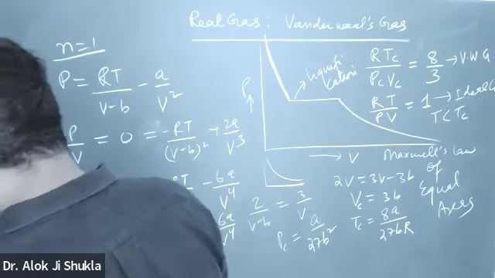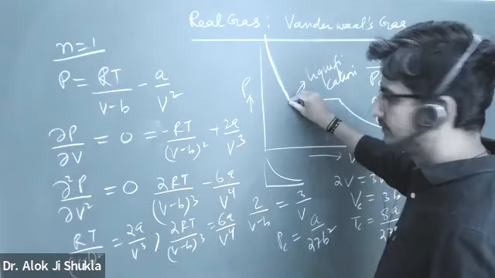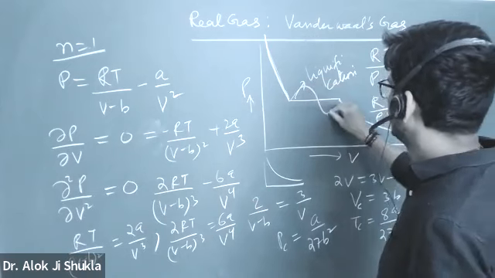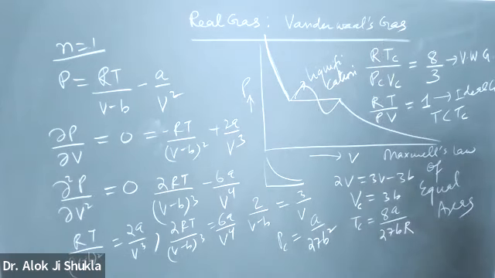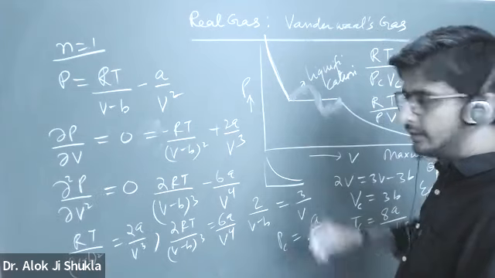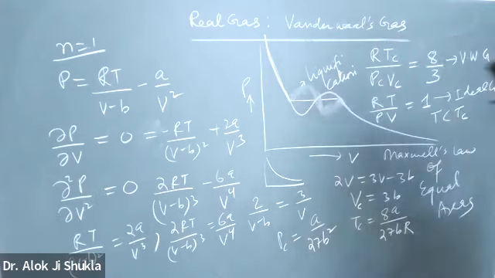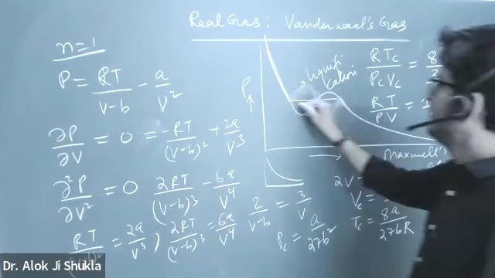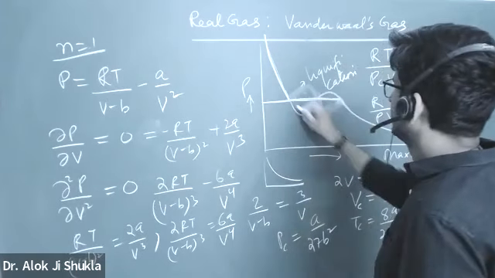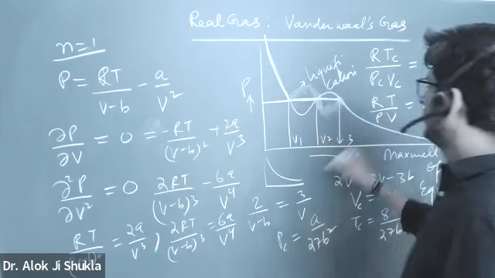Okay. And you can also see here, when the graph was like this, suppose it was like this, it was going like this, no? So you can see that at the same pressure, we will get 3 volumes, V1, V2, and V3.